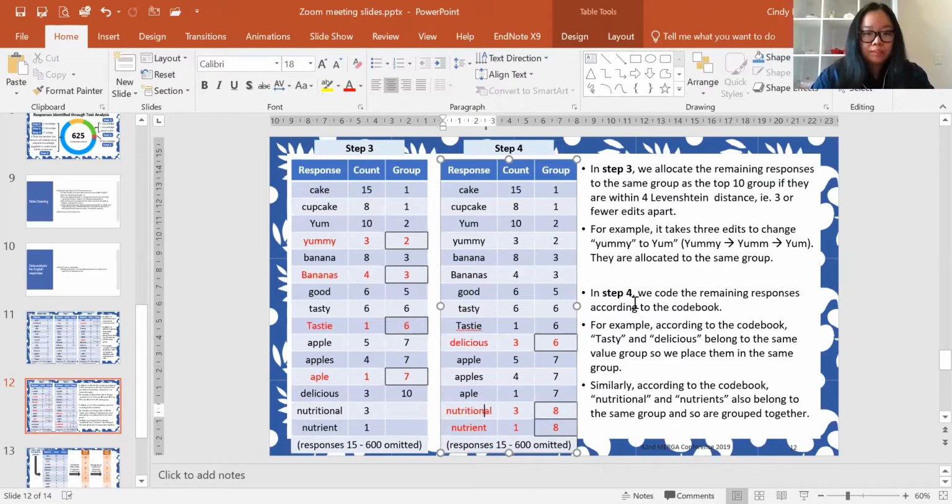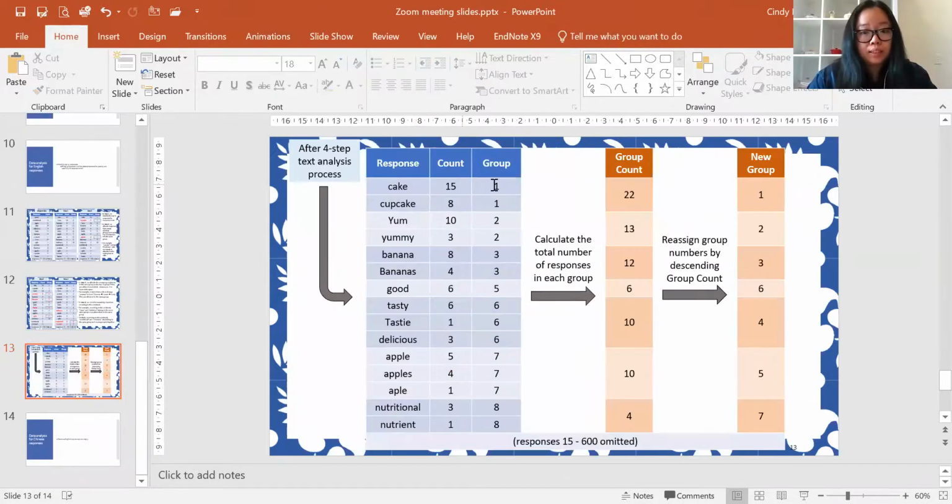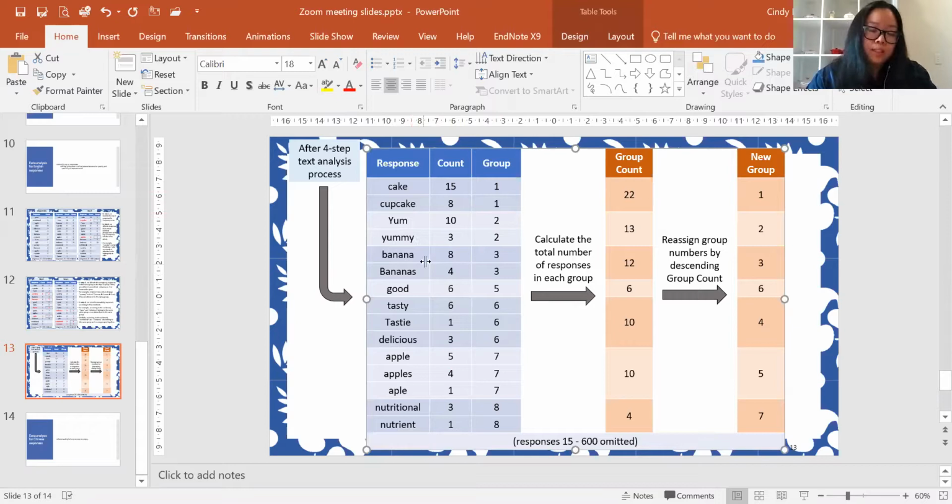So these are the 4 steps that I have used. And after these 4-step analysis, you'll see that the responses are allocated by group and count. So in the first group, you will have cakes, cupcakes, and then the Wi-Fi data will be like smartness, fun, effort. Then we calculate the number of responses in the groups.